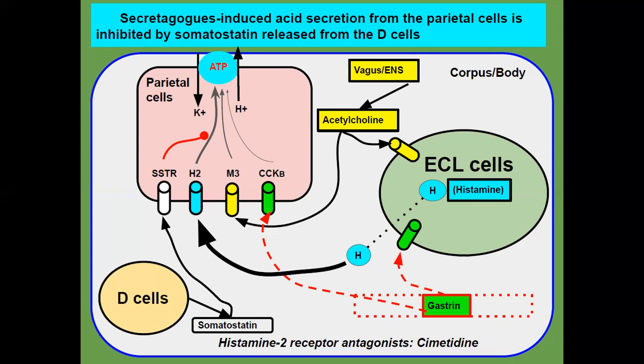They can all bind their respective receptors on the parietal cells to induce acid secretion. However, we also have an inhibitory mechanism in the corpus body of the stomach, which is the D cells. In some circumstances, the D cell will release somatostatin, which binds the receptor on parietal cells and eventually shuts off the parietal cells' acid secretion.